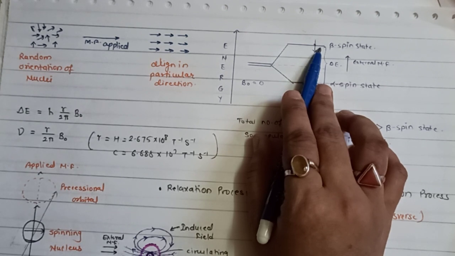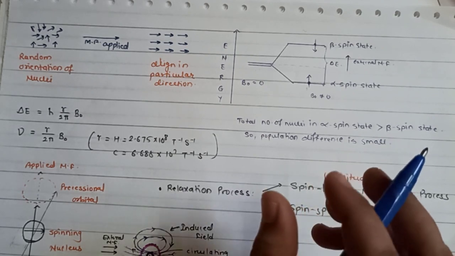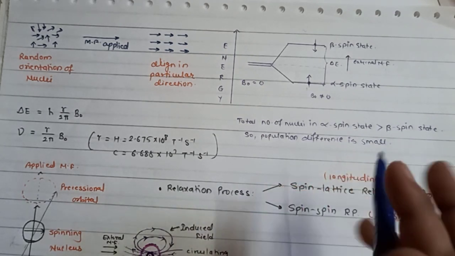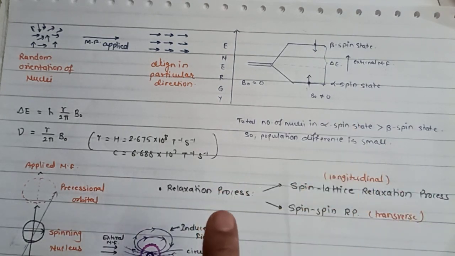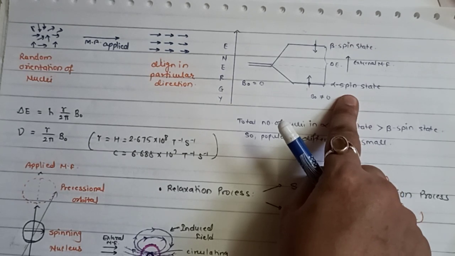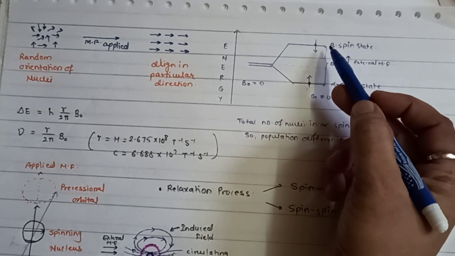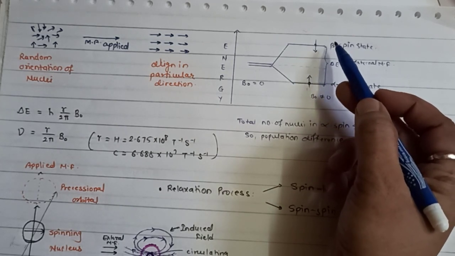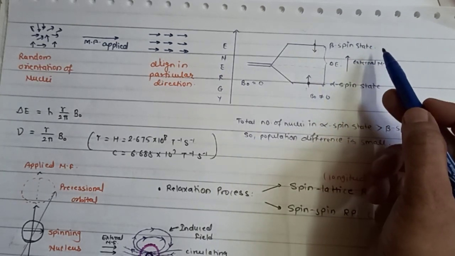More energy is needed for the nucleus to align against the external magnetic field than to align with it. Therefore nuclei which align with the magnetic field are in the lower energy state, called the alpha spin state, whereas those which align against the external magnetic field are in the higher energy state, called the beta spin state.